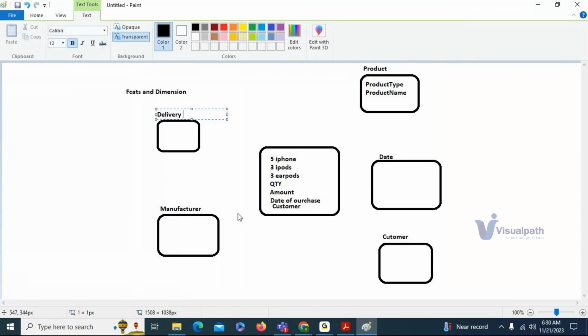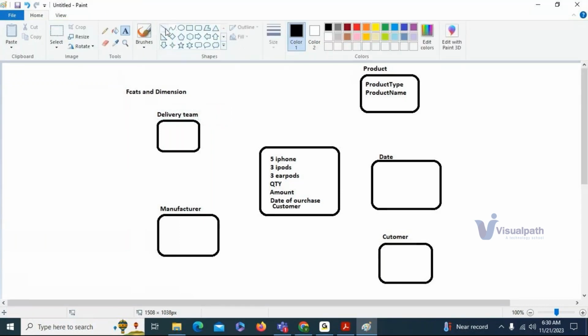So you can slice the amount information by a particular date: what is the total amount generated, who is the customer, how many products he bought, how many products of a particular type are sold, who is the manufacturer of that product, and who is going to deliver it.